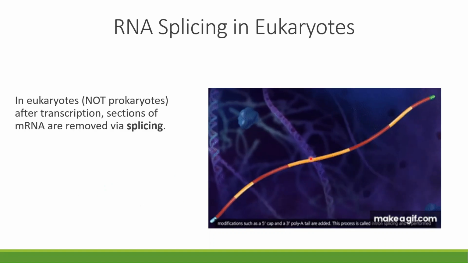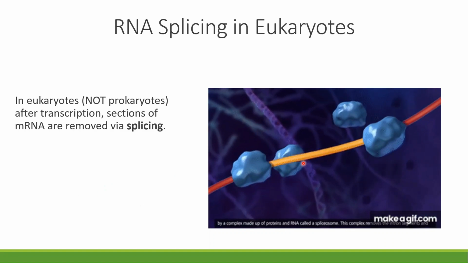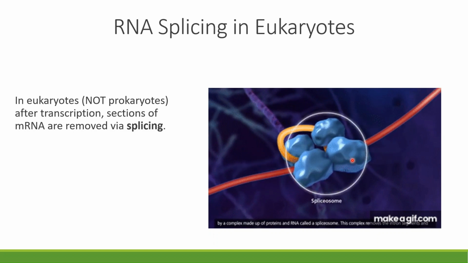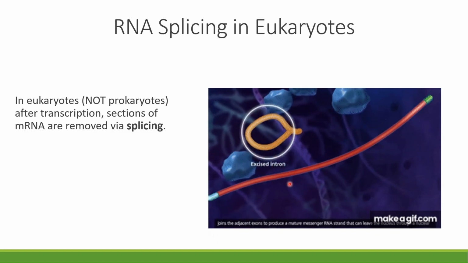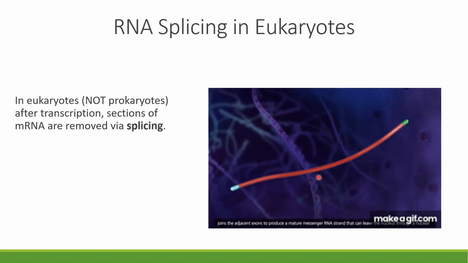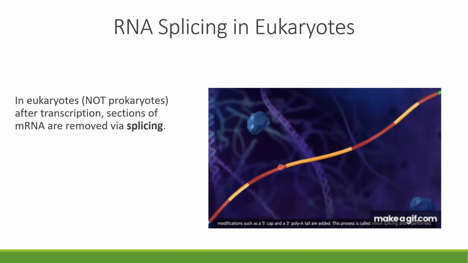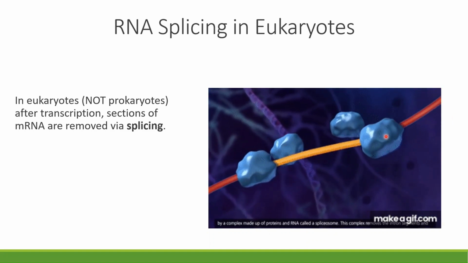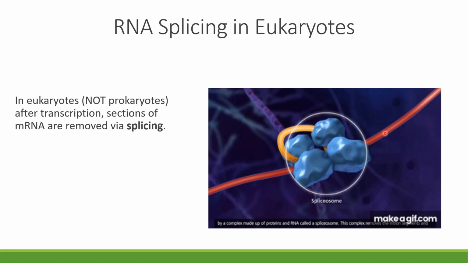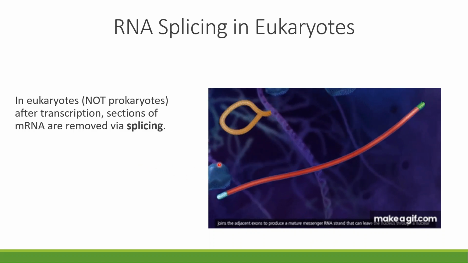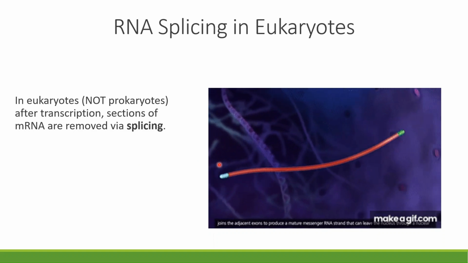In other words, they're excised out. So we have these proteins that can land there, and they form what's called a spliceosome, and they cut out those introns and they stitch together the parts of the RNA that they want for that particular version of the recipe of a protein that they want to make.